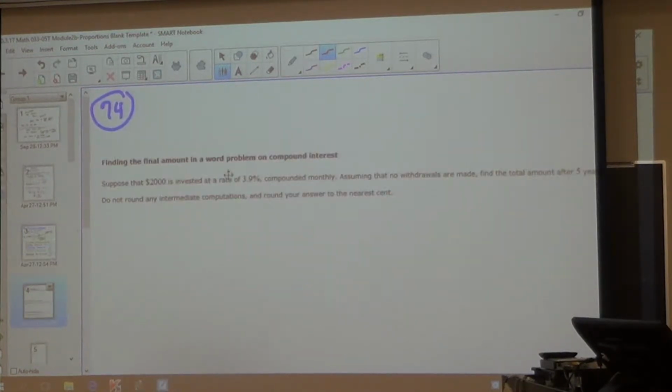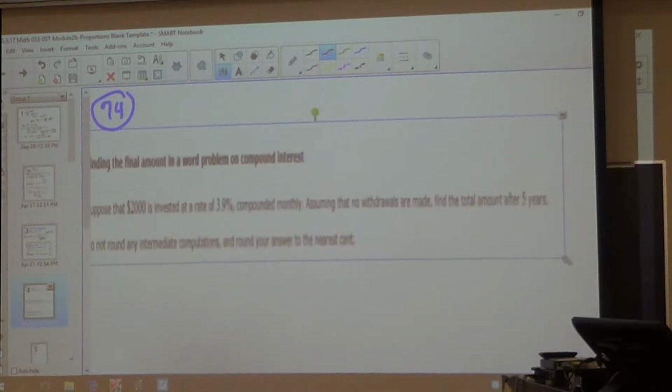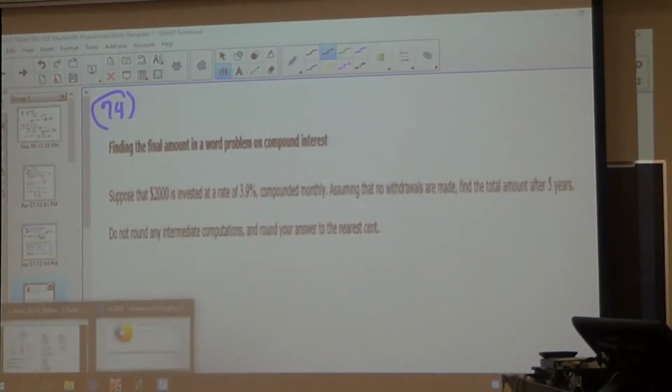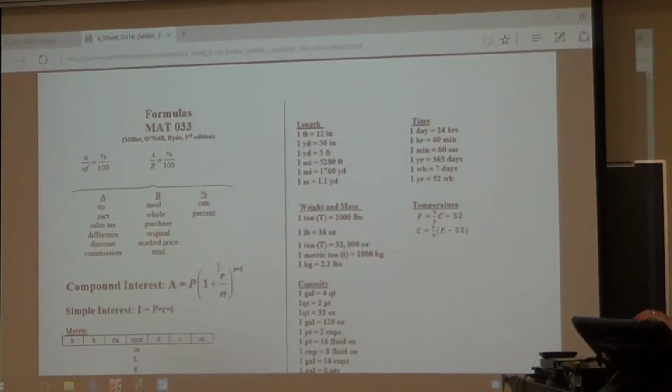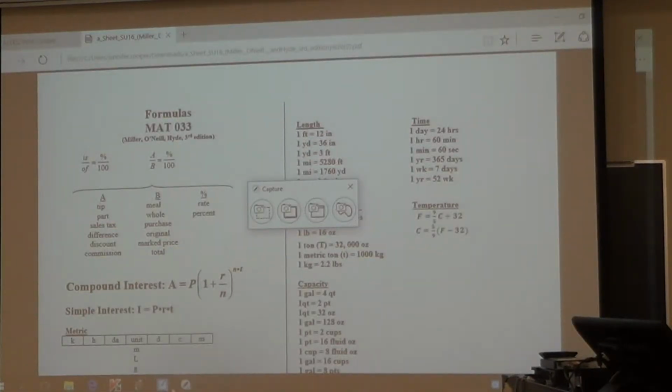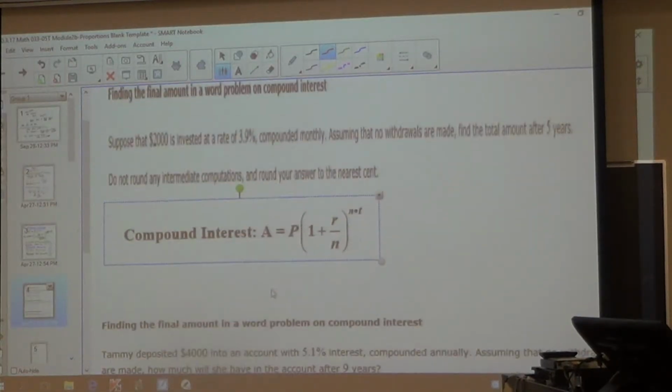So when I do a compound problem, and y'all, the formula is on your formula sheet. So if I come right here, the formula is out there. You just have to know how to use the formula. So here's my formula. P is how much money you're investing. 1 plus R is your interest rate, but you got to whoop it.